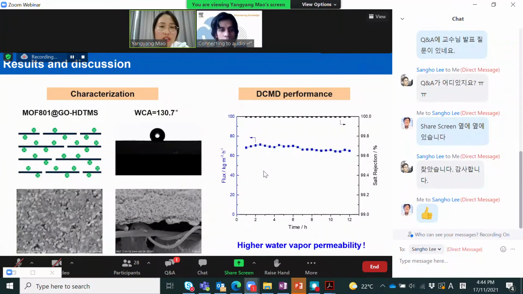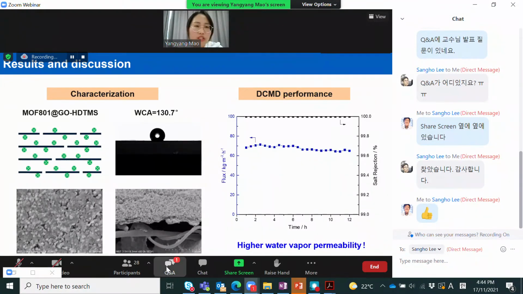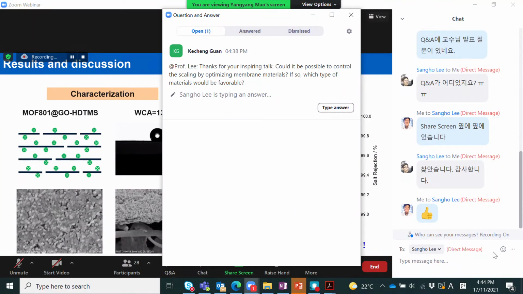So in our recent work, we have done in situ synthesis of these porous nanoparticles in GO, followed with the same HDTMS modification method. We could find the water contact angle of our membranes is about 130.7 degrees, and the nanoparticles have a size of about 15 nanometers.